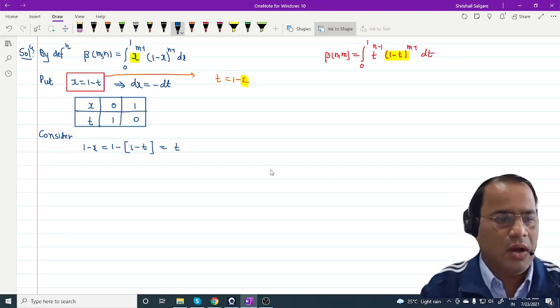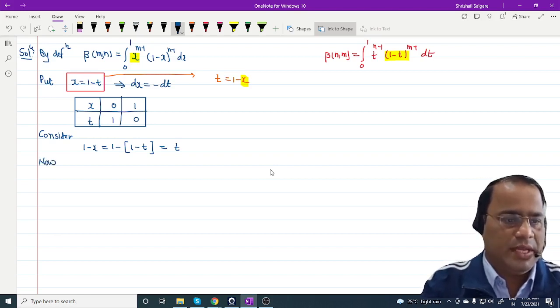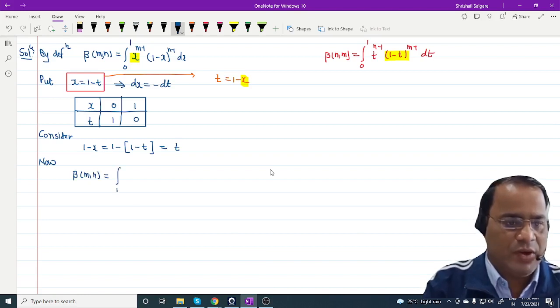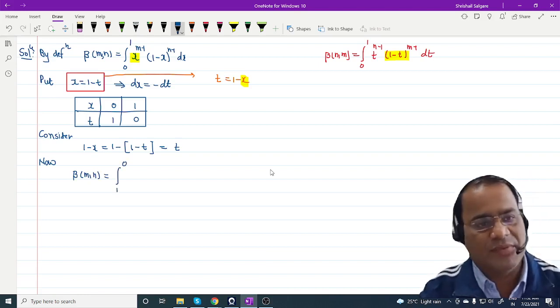Okay, now the integral beta mn, that definition once again I will write. Beta mn is given by the integral with limits from 0 to 1.